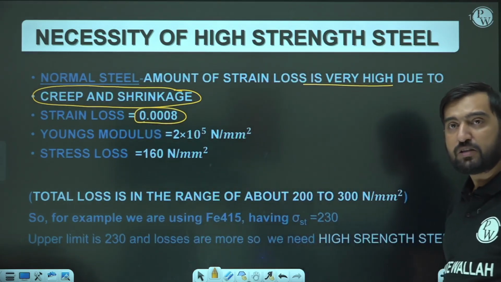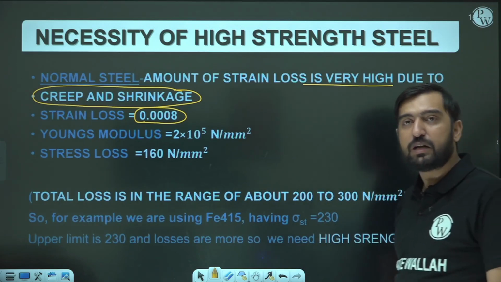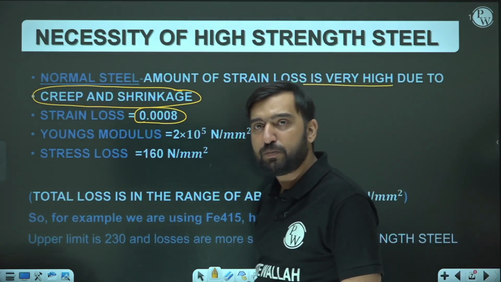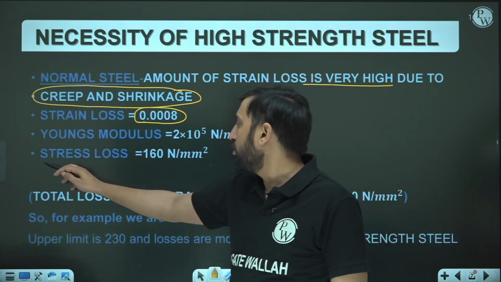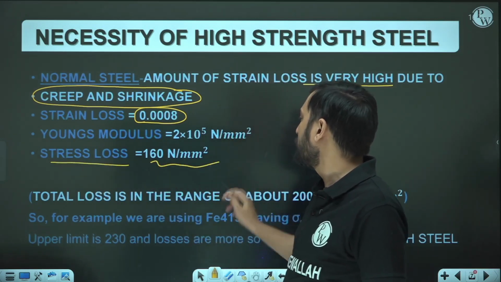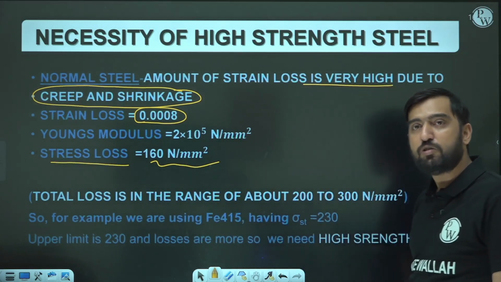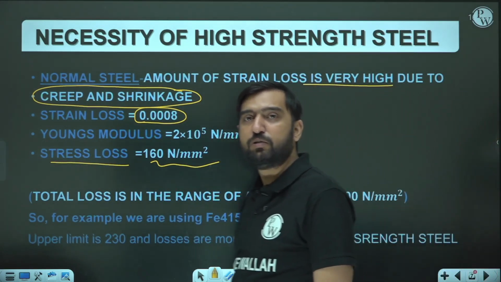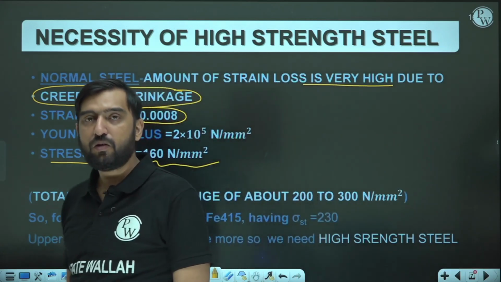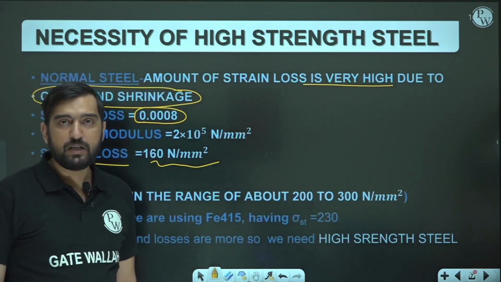If such is a strain loss, and for steel we know that Young's modulus of steel is 200 GPa, then if we calculate the loss in stress, the equivalent stress loss is 160 Newton per mm square. And my dear friends, these are the losses only due to creep and shrinkage.